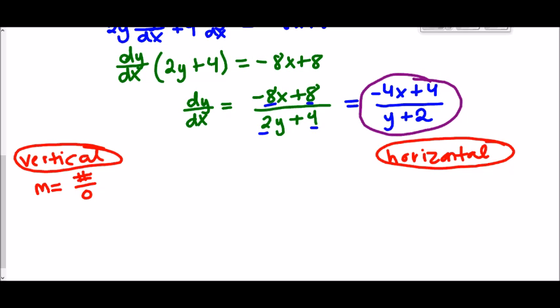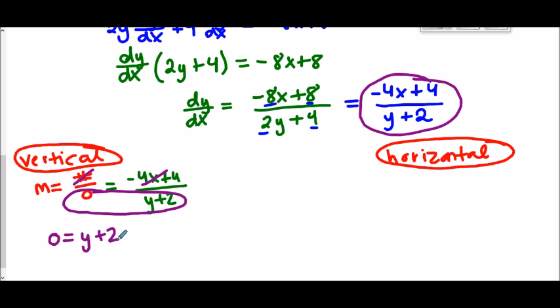So what we have is negative 4x plus 4 over y plus 2. Okay. On the top, it's just a number. We don't care about the number. What would make this slope vertical is if the bottom was equal to 0. So we make that equation. 0 equals y plus 2. So y equals negative 2. Just subtract 2 to the other side, and you get y equals negative 2.